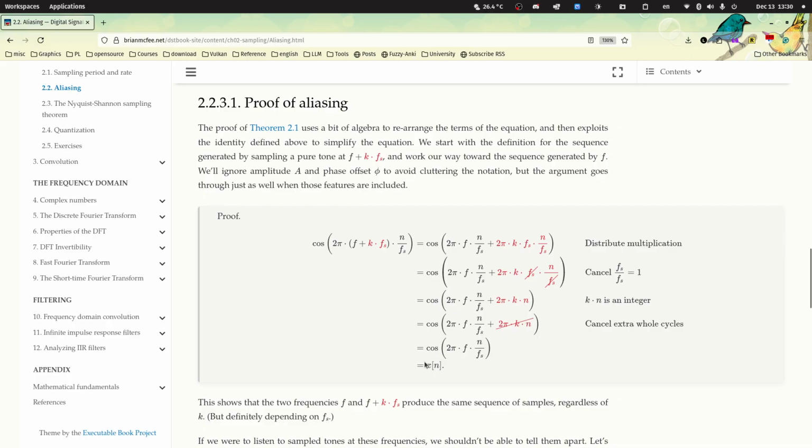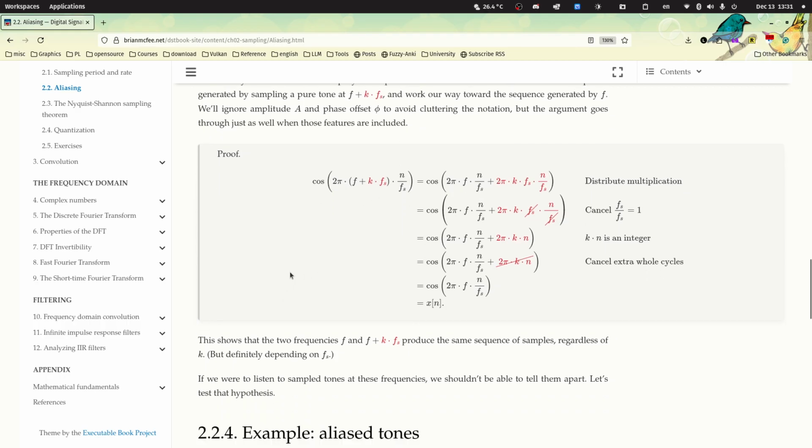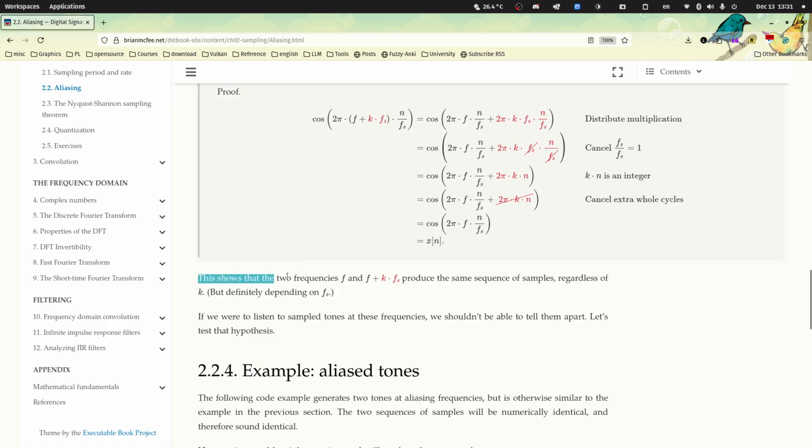So we get this without the adjusted sampling frequency. This is basically the original low frequency sample, which shows that these two frequencies produce the same sequence of samples regardless of k.